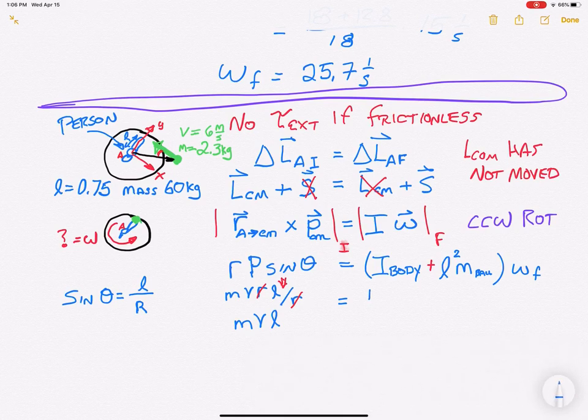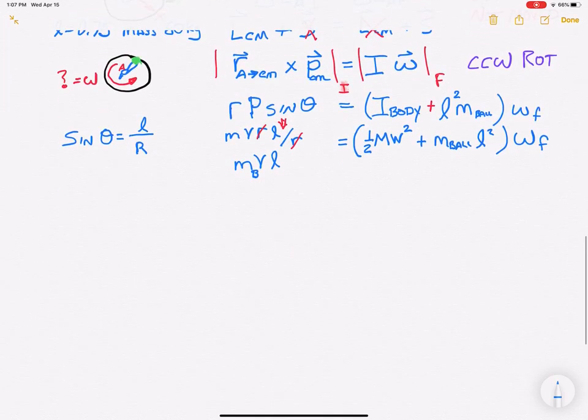So the I of the body is going to be 1/2 the mass of the body plus the width of the body squared. And then we're going to get our mass of the ball, the length of the arm squared, omega final. Then this is mass of the ball on the left-hand side. All this times omega final. And we have to carry all this underneath and flip.